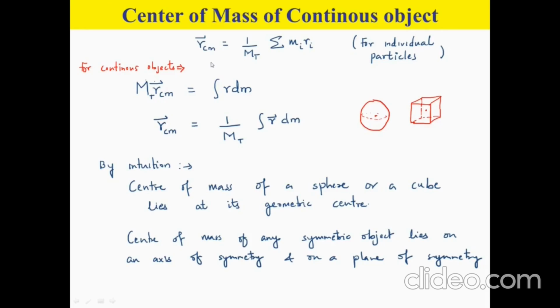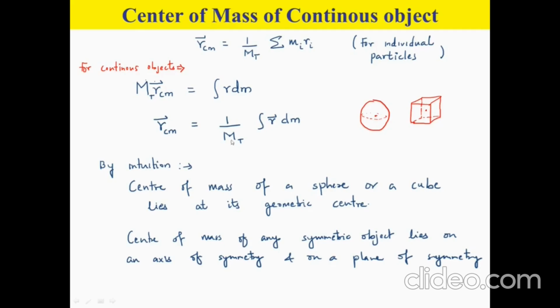The formula for the position of center of mass gets modified, and the formula for continuous objects is of this form: r of center of mass is given by 1 by total mass of the object times the integral of r dm. So now you're considering an object of certain mass and you're integrating to get the entire mass of the object.